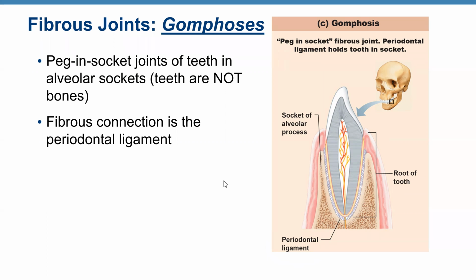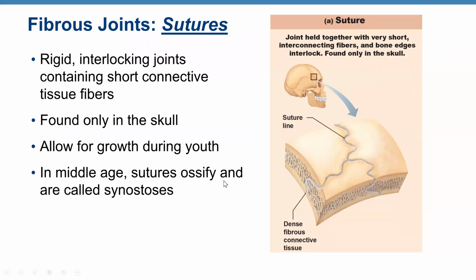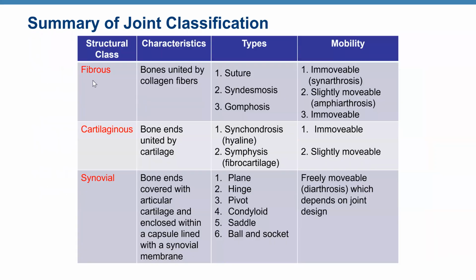Right, so let's now go back and look at our table. So we have fibrous joints, right? Bones united by collagen fibers. And you see over here, it says syndesmosis is slightly movable, amphiarthrosis. Right, so let's be consistent and use this table as our reference.